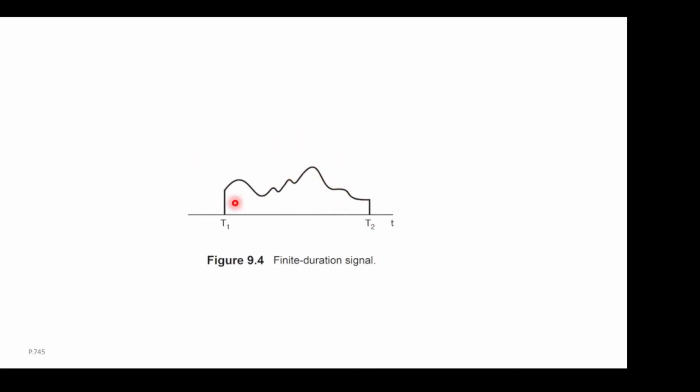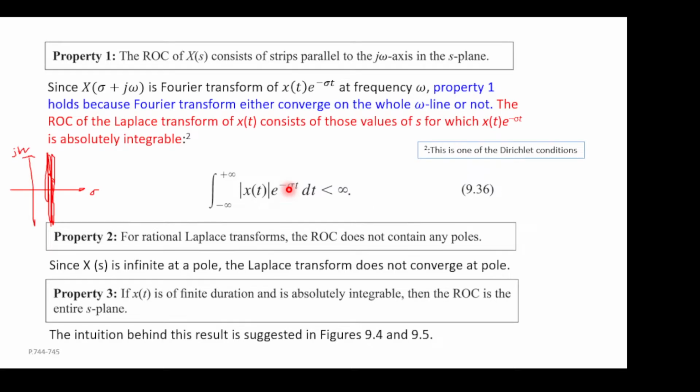And it's absolutely integrable, so in the middle it can still go to infinity, but not too much. So it's relatively well behaved between t1 and t2, and integrating it is fine. So you have this very finite, very controlled signal. Why does your ROC go to the entire s-plane? This is where we use this condition.